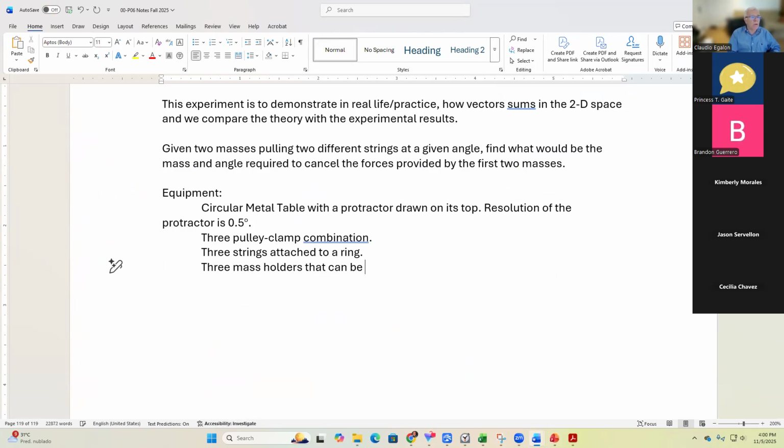That can be loaded with masses. With different masses. Let's see how they look like.